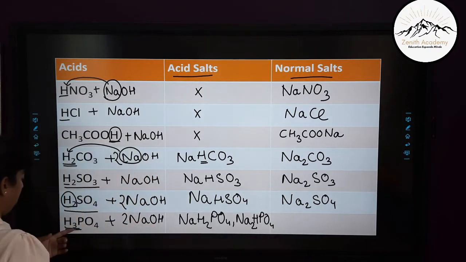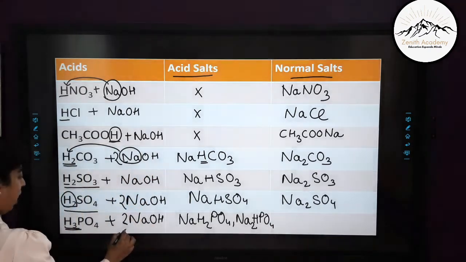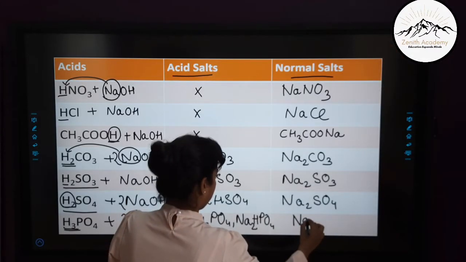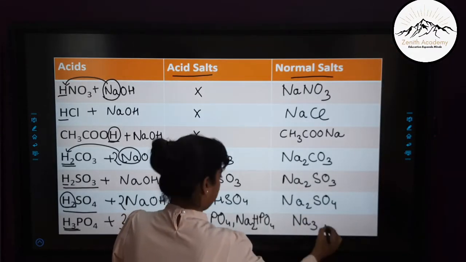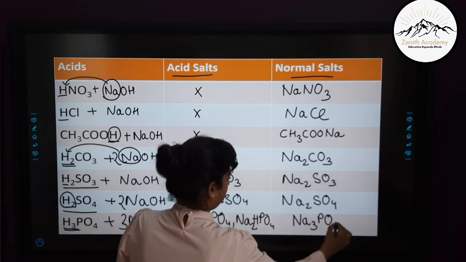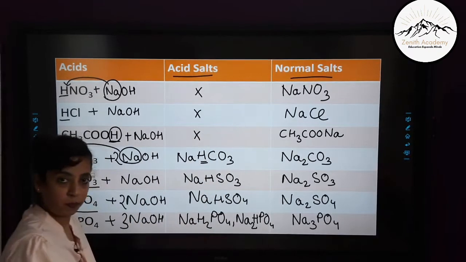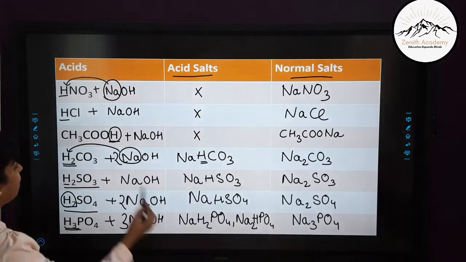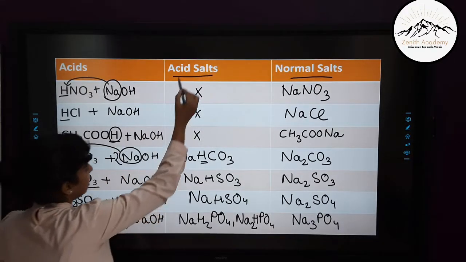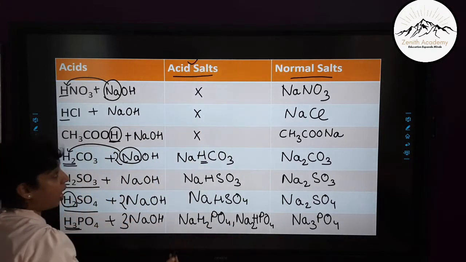Okay. And if I replace all the three hydrogen atoms with sodium, then it will form Na3PO4, sodium phosphate.